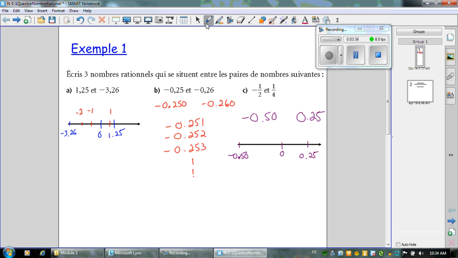I have 0 here, so 0 would be fine. Negative 25 would be right here in the middle. That's 2. And we could go with any other amount, around here. This would be 10 cents. So we just need 3.